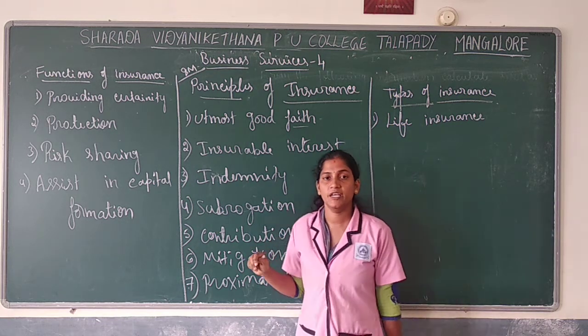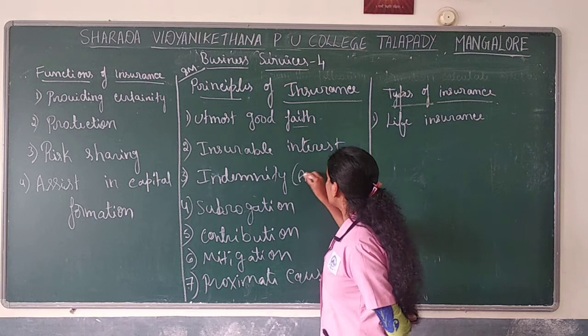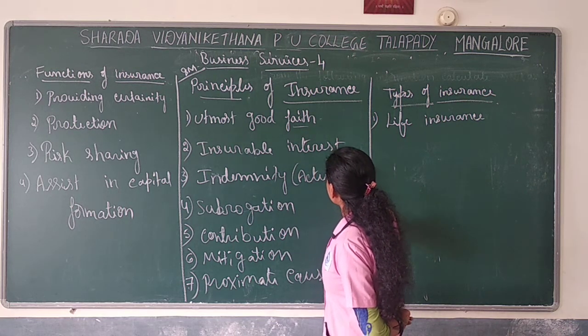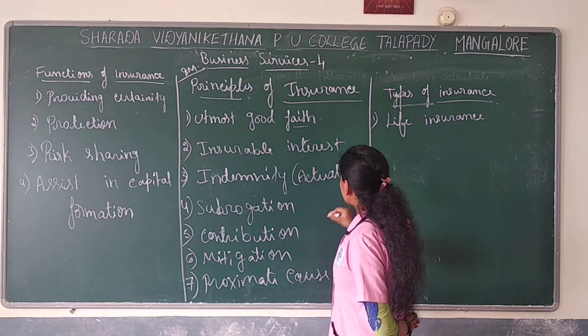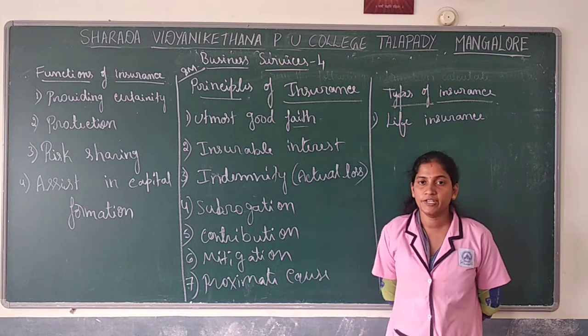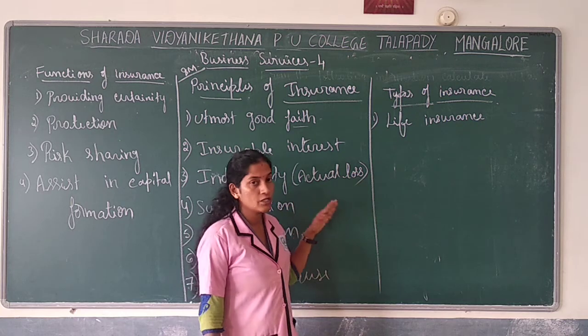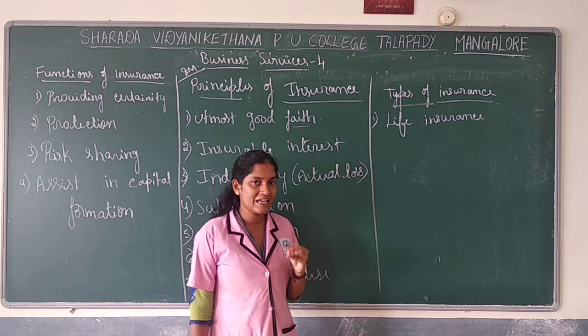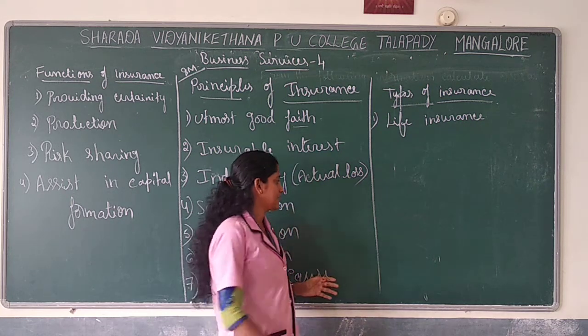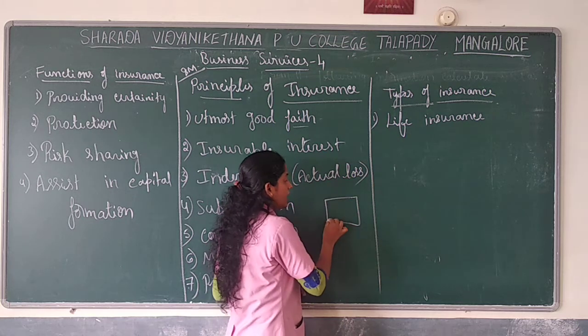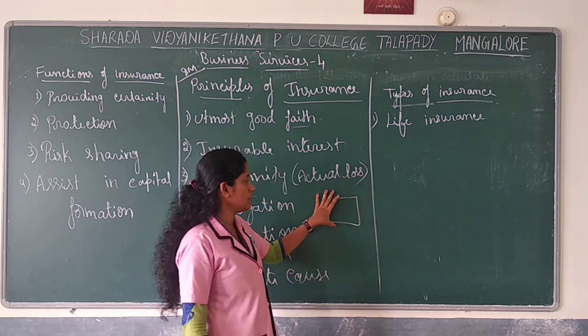Next, indemnity. Meaning of indemnity is nothing but actual loss. What is actual indemnity or the loss? See, if a person takes an insurance policy for a building, for example, this is a building, and the insurance is taken for this building.